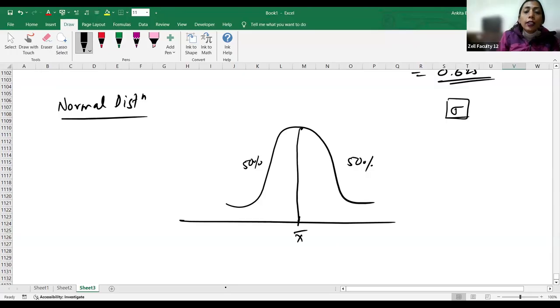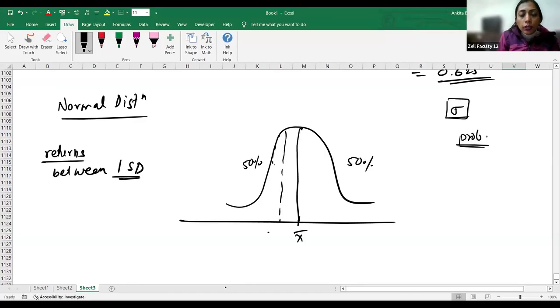So if I ask what is the probability that the values or the returns that I get would be within one standard deviation of the mean, I plot here one standard deviation. This is minus one standard deviation, and this is positive one standard deviation.